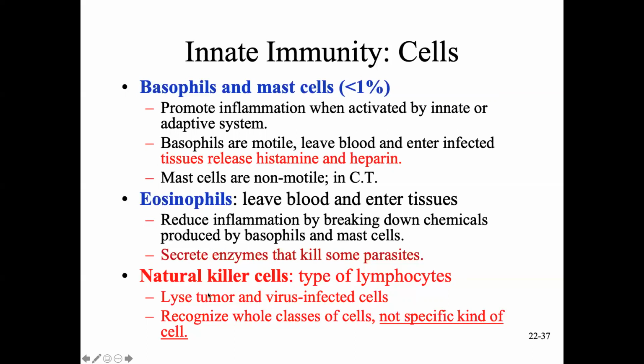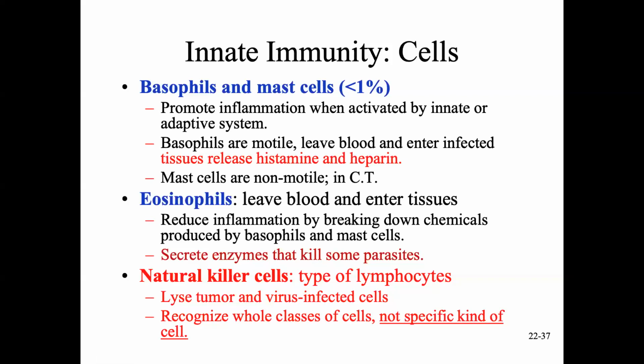NK cells, natural killer cells. Even though they're a type of lymphocyte, they're non-specific. They can lyse tumor cells as well as virally infected cells. Now, what we mean by non-specific is that it doesn't matter if this infected cell is infected with varicella zoster virus.